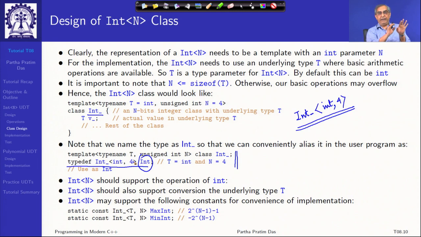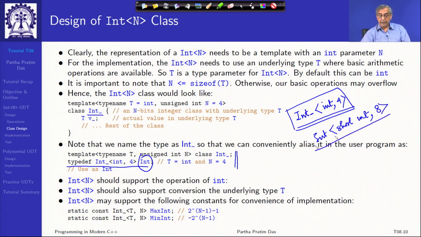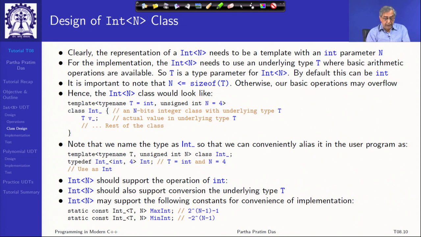So, I want to keep that name int for the user who can typedef it to this or whatever. If the underlying type is intended to be short and the number of bits is 8, then the user could write it like this and typedef it to int, so that int can be used, right. So, in addition we will also define two static constants, the max int and min int, because I will need them for the implementation.